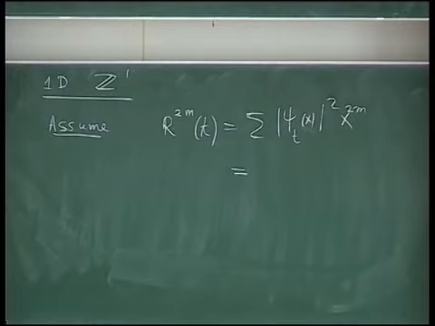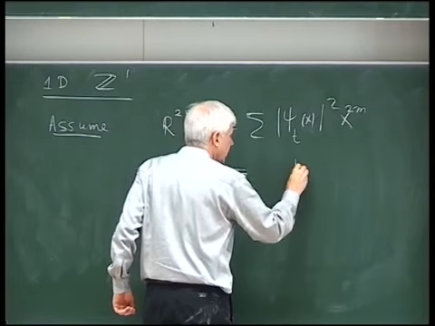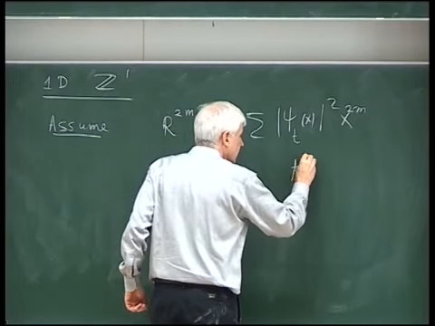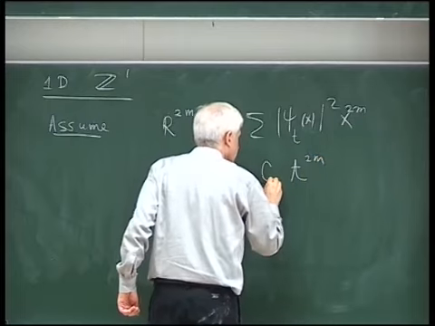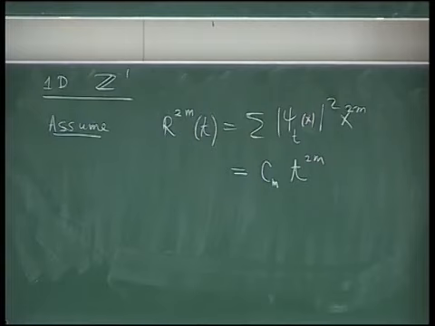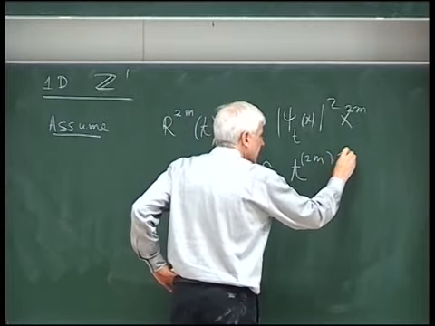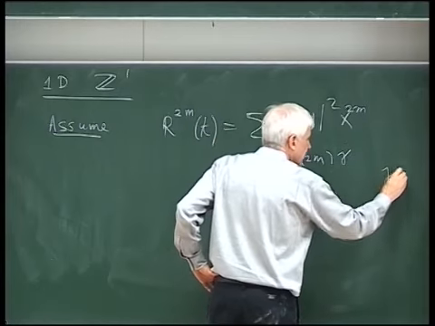If it were ballistic, I would have a T to the 2M here with some constant, which might depend upon M. That would be ballistic behavior. To say it's subballistic, I will put in a gamma, and I will assume that gamma is strictly less than 1.